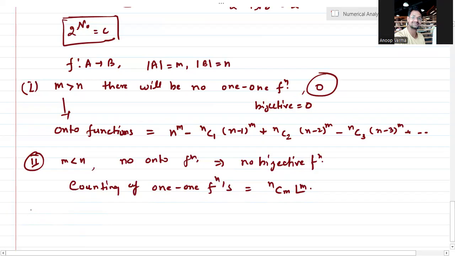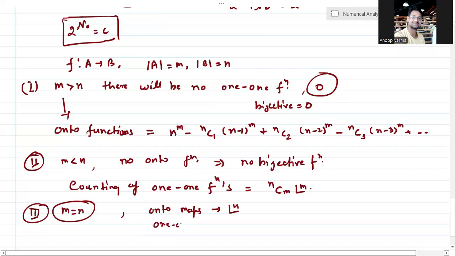If m is equal to n, then in this case onto maps will be equal to factorial n, and one-one will also be equal to factorial n, and the number of bijective functions will also be equal to factorial n.